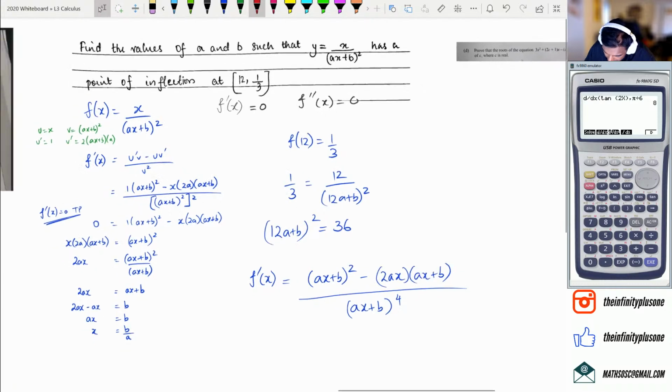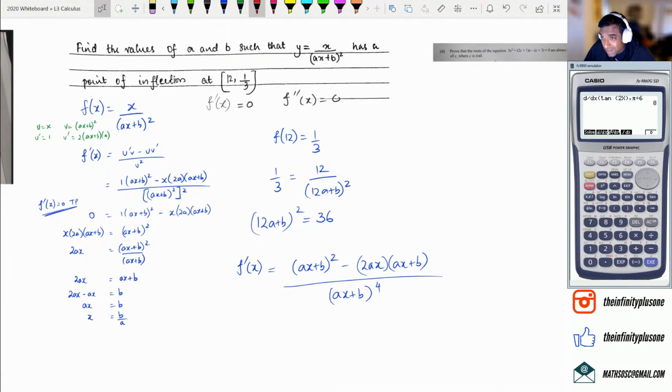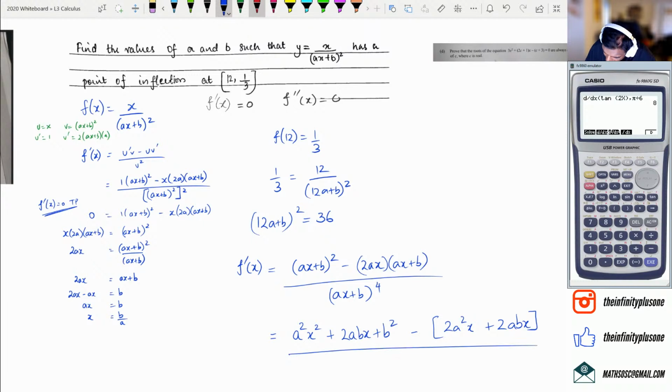In the numerator, I'm going to try and expand and simplify before differentiating it. So I'm going to get a squared x squared plus 2abx plus b squared, minus 2a squared x squared plus 2abx, and all of that is divided by (ax plus b) to the power of 4.